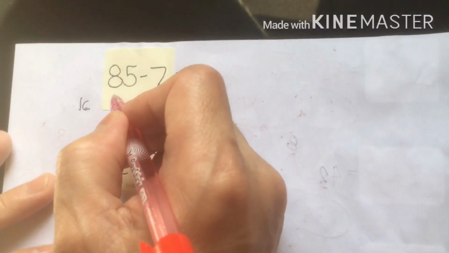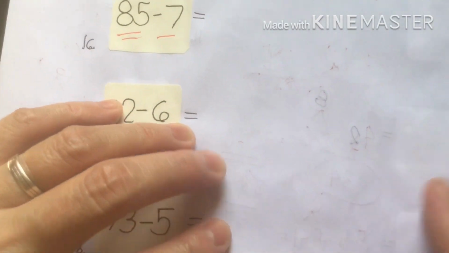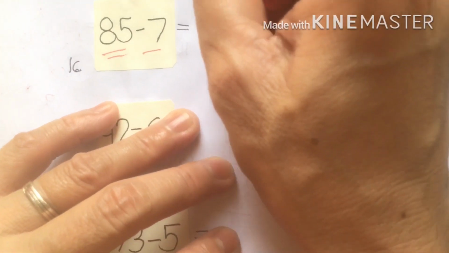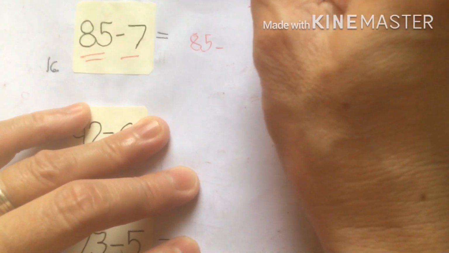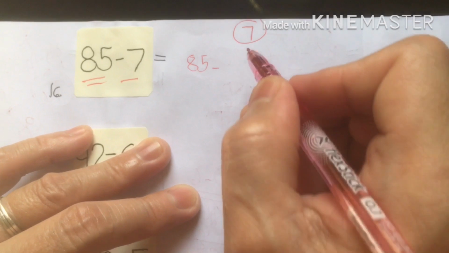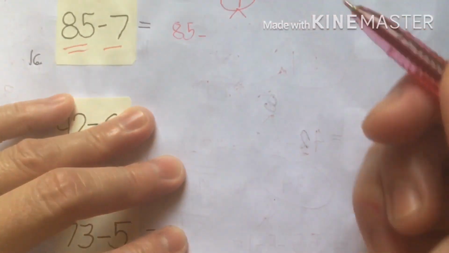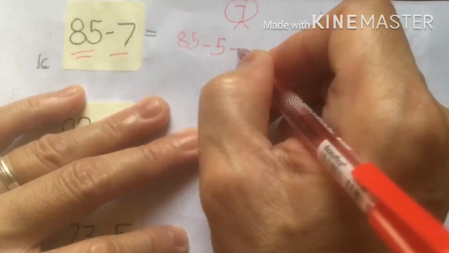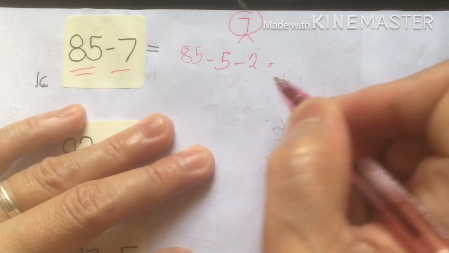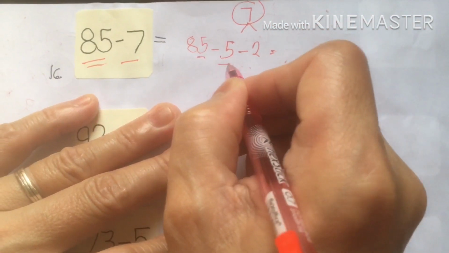Okay, we have here 16. 85. Wow, this is good. 85 minus 7, guys. So this is actually a correct equation. So we're going to write here 85. Then write 7 here. Then I encircled. So please follow, guys. Okay, so we have here 5. I break 7 first. Subtract, guys. 5 minus 5.